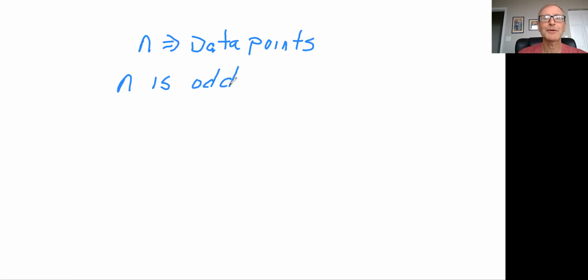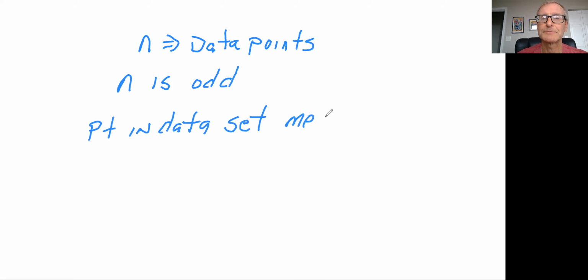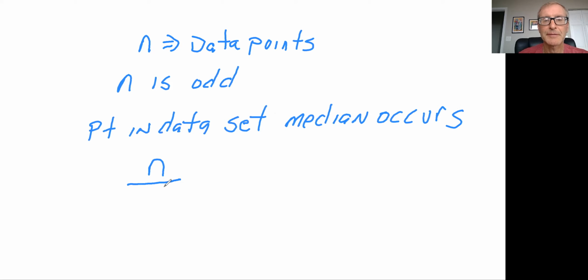To calculate the point in the data set where the median occurs, you would take the value of n and divide it by 2. And then you have to add the number 0.5 to get to the integer level.